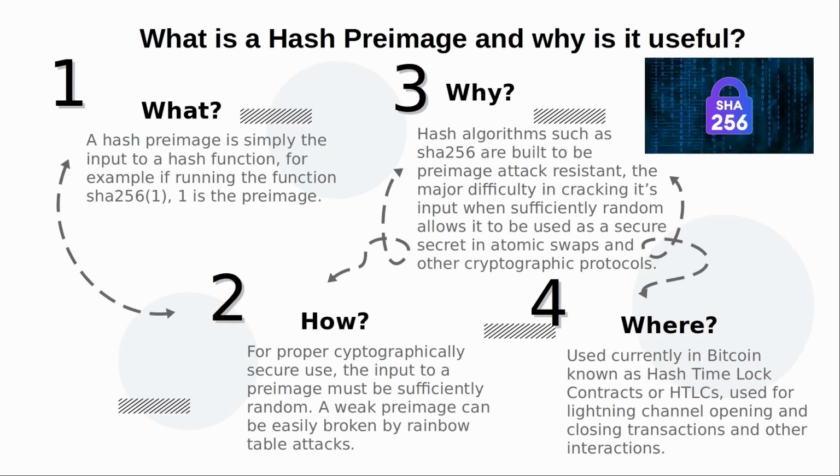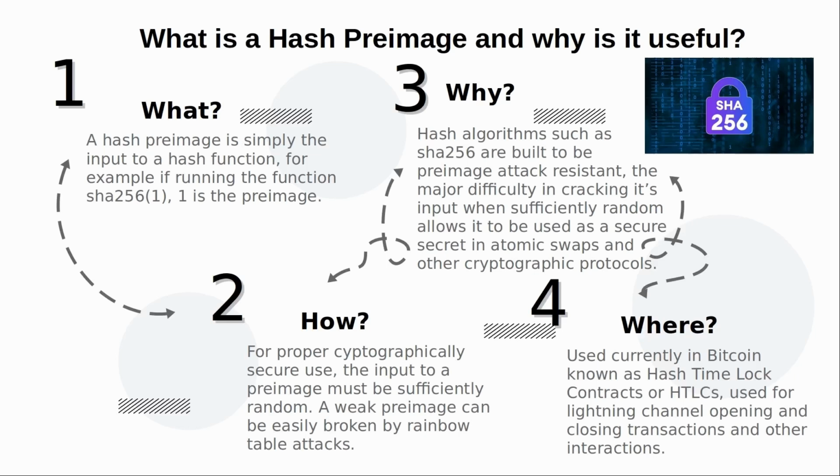Well, in order for it to be secure, the input needs to be sufficiently random. If the input was just 1, or another weak input, then it could be easily broken by something called a rainbow table attack, which basically just guesses the input to the hash function. If it's weak enough, it can be easily computed by modern hardware.